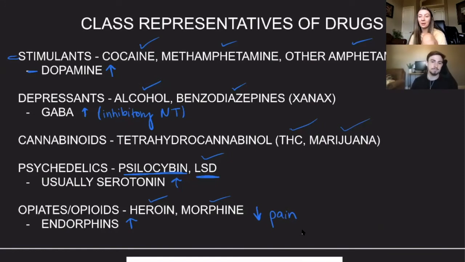Yeah. And I want to be clear, we're not treating y'all like you're dumb. This is mostly what I know. I have a bachelor's in psychology, and this is pretty much all I know about these drugs. I may know a little bit more from my psychology classes. What we teach y'all is pretty much what we know because that's what we were taught for the MCAT, and that's what we've seen on the dozens of tests that we've taken.